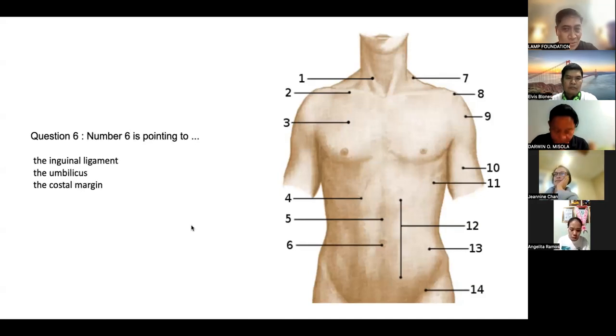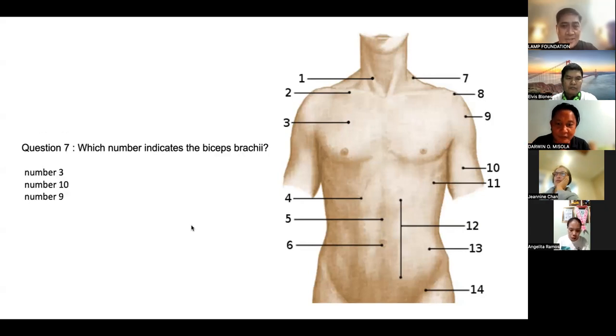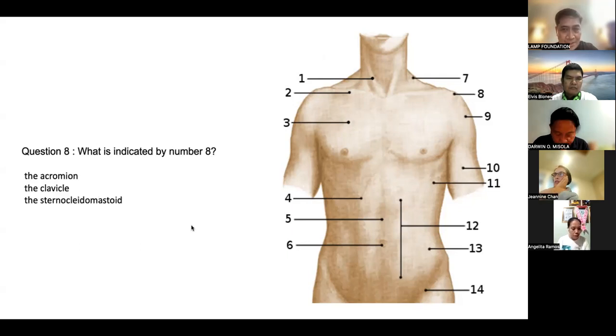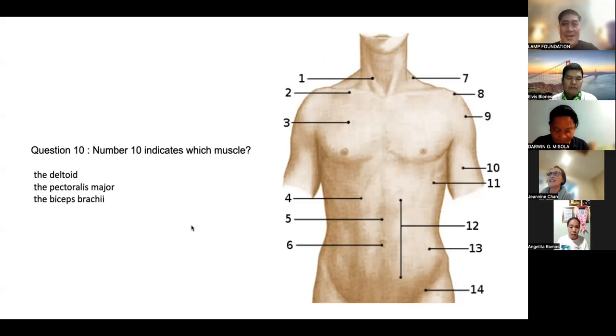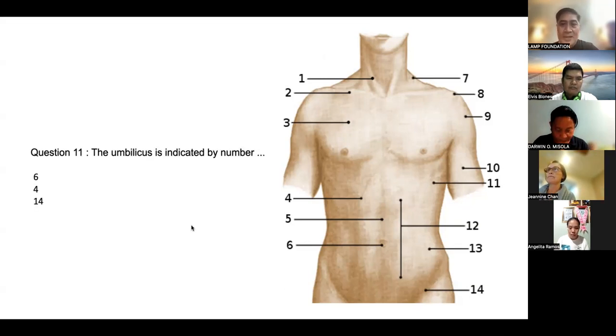Number 6 is pointing to what? Umbilicus. Which number indicates the biceps brachii? 10. Okay. What is indicated by number 8? Acromion. Which number is pointing to the acromion? 8. Number 10 indicates which muscle? Biceps brachii.